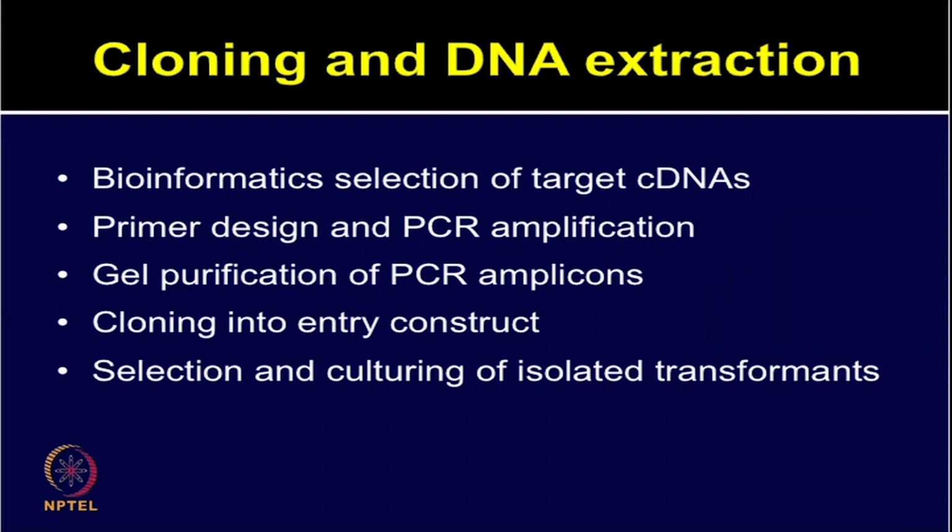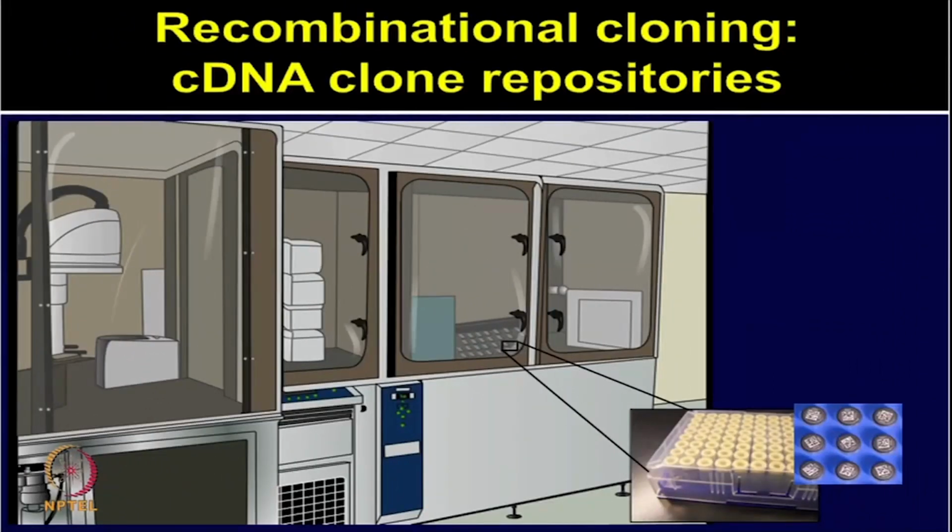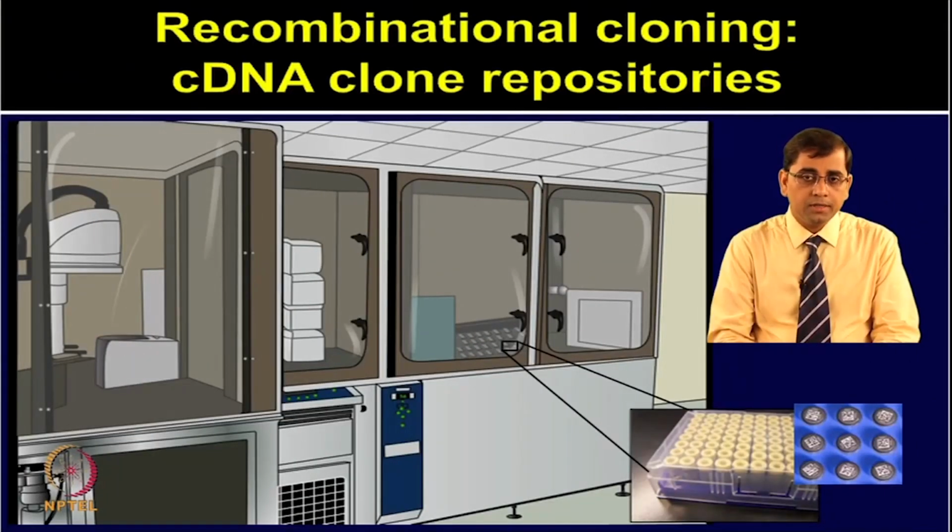Earlier we talked about recombinational cloning. Now, researchers have started creating cDNA repositories using recombinational cloning, which allows for the rapid transfer of DNA fragments from one vector to another in frame and without any mutation.